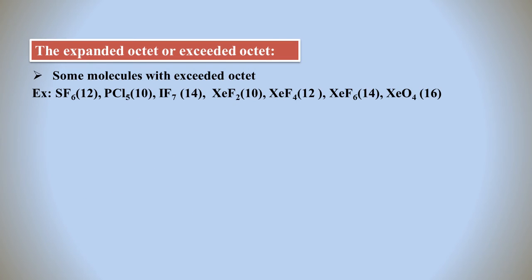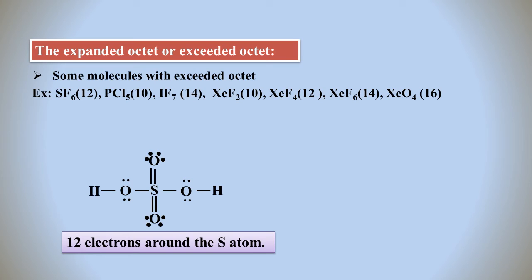Another one, we have SO4, with H. Here we have sulfur surrounded by 12 electrons. Please study this example very hard. I think it's very important for you, and this is a new example that was taken in the questions.